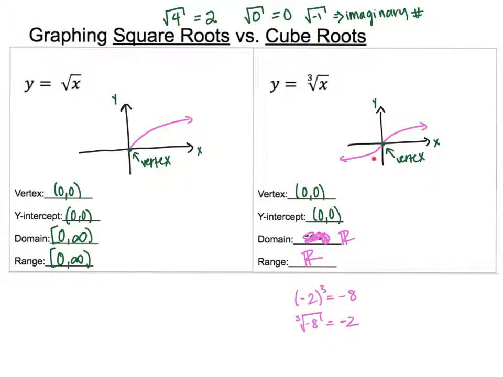So on this graph, that's why we can take the cube roots of negative numbers. So just again, let me reiterate. Square roots, you can't take the square root of negative numbers, whereas cube roots, you can take the cube root of negative numbers. So just be aware of that.